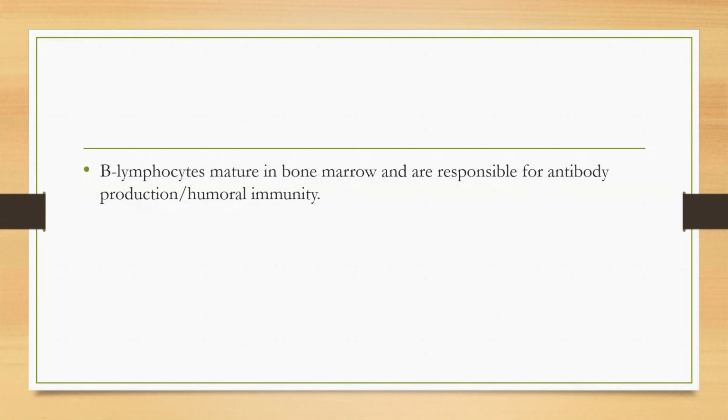As we know, antibodies act as a line of defense and help fight against different infections. So who produces this antibody? The B lymphocyte stimulates antibody production. Antibody production is also called humoral immunity.